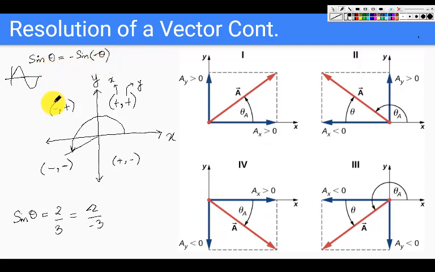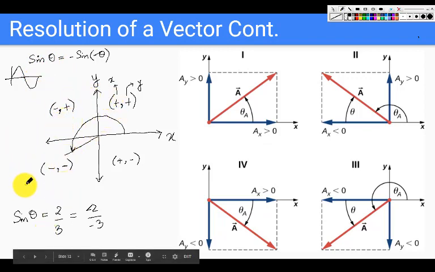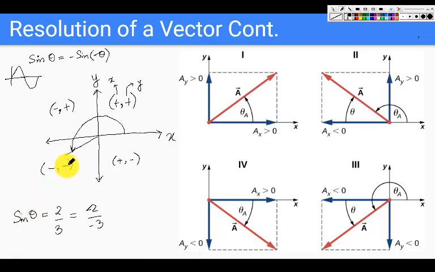So, and we have many more properties of this, and these properties relate to these quadrants. Okay, so we have to be careful that if both x and y components are negative, then we are in the third quadrant.